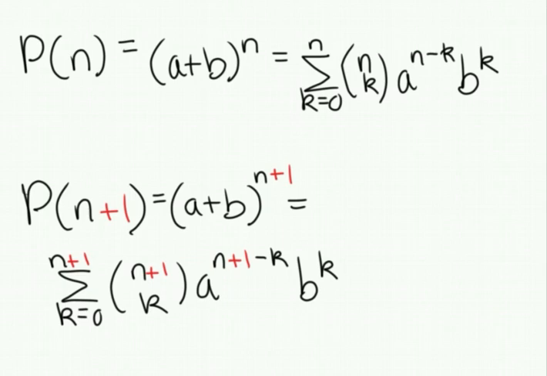And if this is true, then P(n+1) is true, and P(n+1) is the statement (a + b)^(n+1) equals the sum from k equals 0 to n+1 of n+1 choose k times a^(n+1-k) times b^k, and this would have to be true as well.